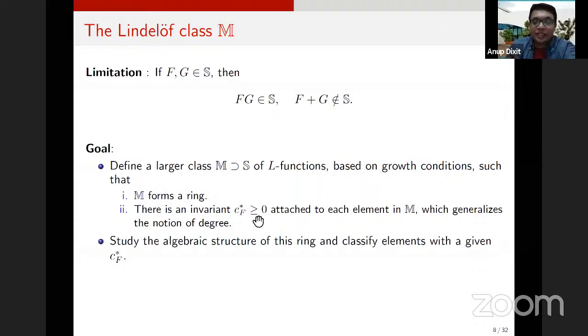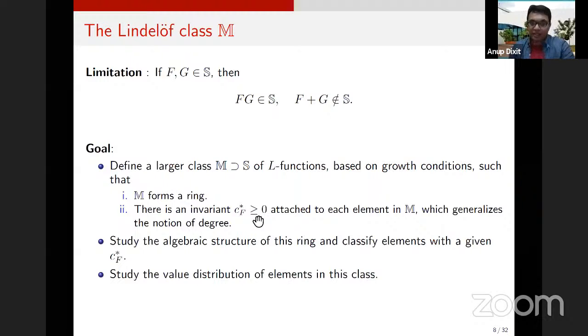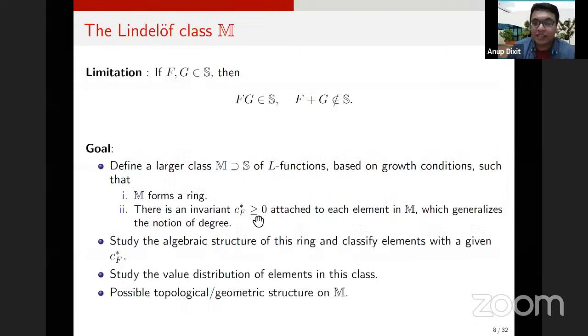And then we study its algebraic structure. Now that we have addition and multiplication, it will have some more structure to it. And we can study the value distribution, which is basically, if it is coming from some nice underlying object, the value distribution would have some meaning. And then we hope that there is some more geometric structure to it, and that is what I'm going to do for the first half of our talk.